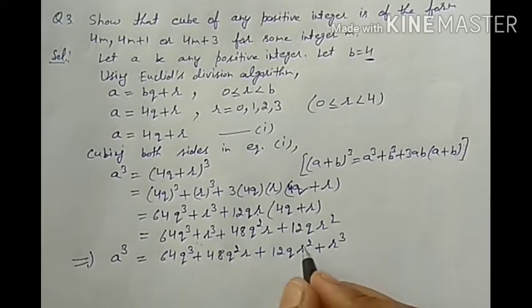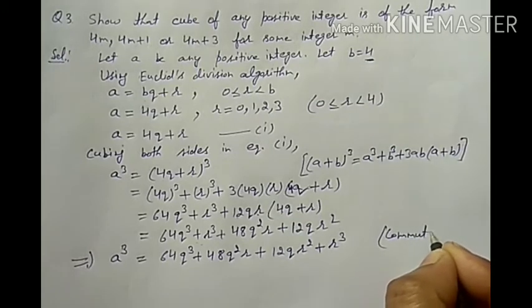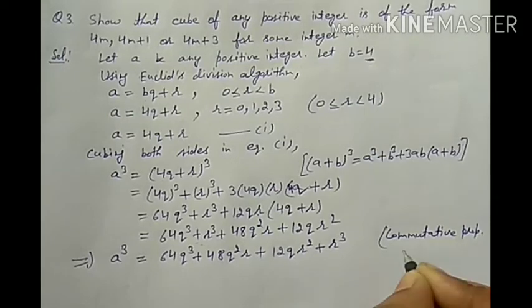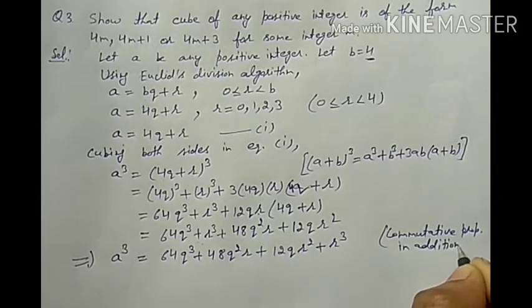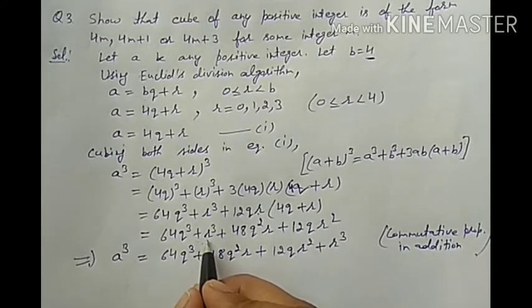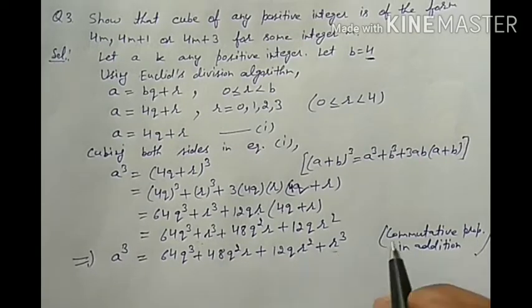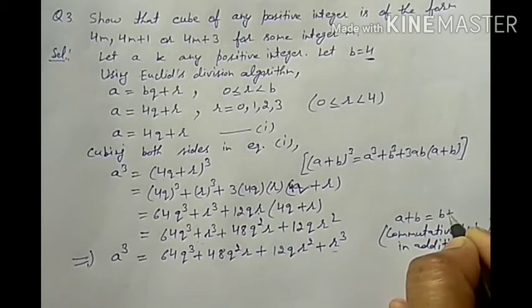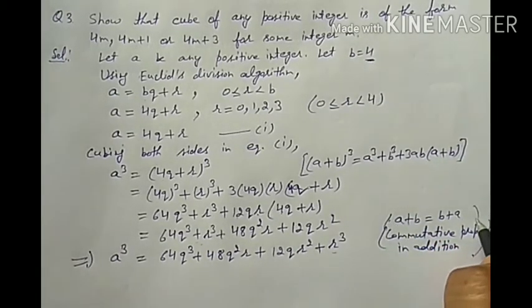Here we are using the commutative property in addition, because here r square was on the second position and now we took it at the last, because a plus b is equal to b plus a. This is our commutative property.